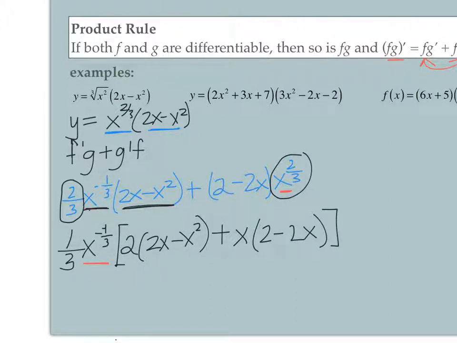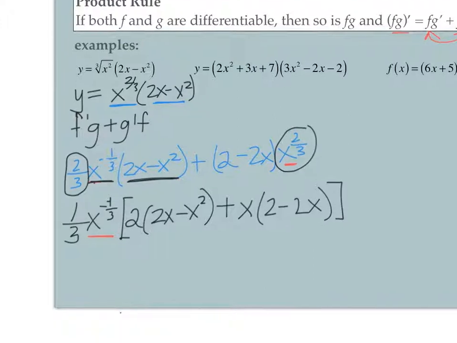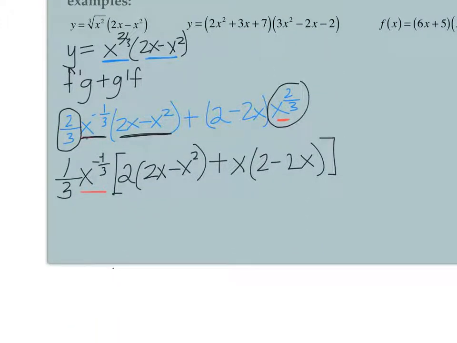Now, hopefully what you see here is that what's in the brackets is now very easy to work with. That's the point of doing this. I can just multiply this out and this out, and I get 4x minus 2x squared plus 2x minus 2x squared.